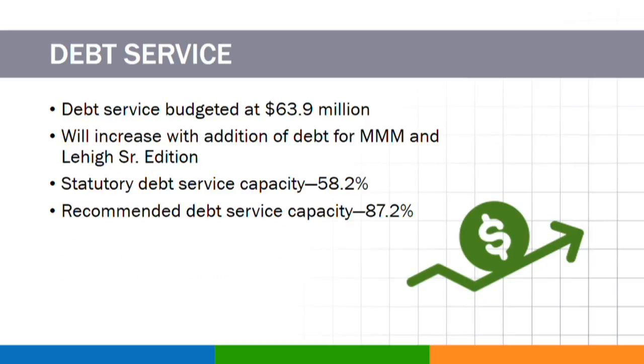So debt service. This past year, our debt service fund was about $58 million. It is increasing to just under $64 million, and it will continue to go up with the addition of debt for Triple M, as well as the Lehigh Senior addition. So those two coming on board, and as you heard Mr. Mora talk to you today in our briefing, construction costs, materials, and labor are going up at least 15%.